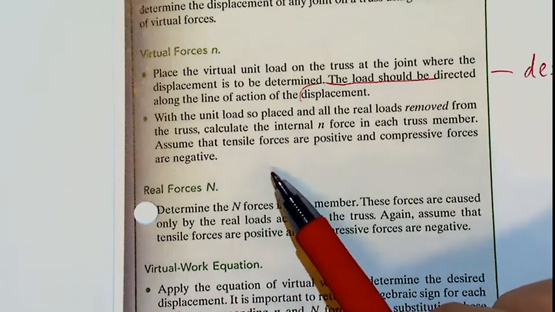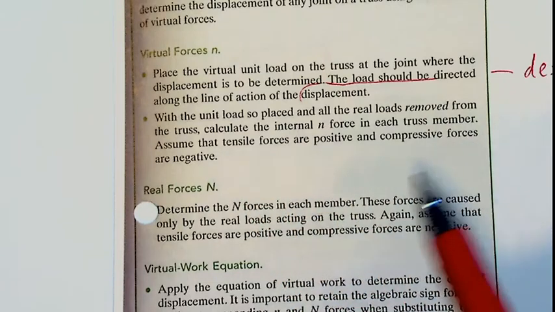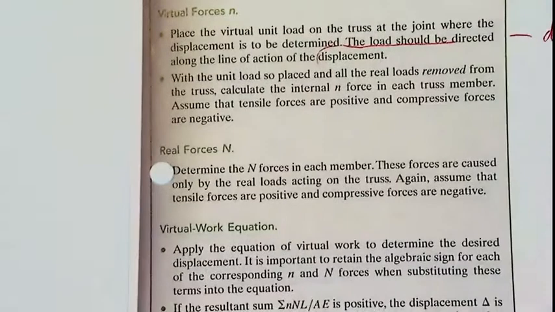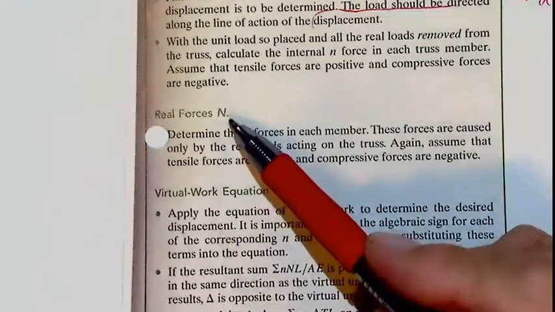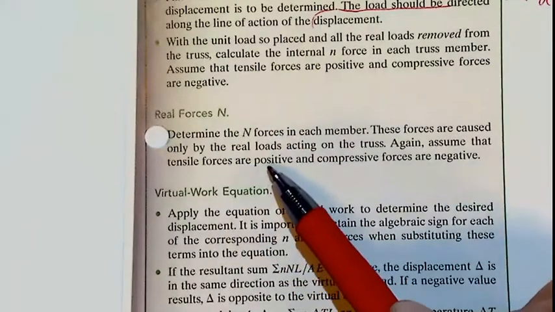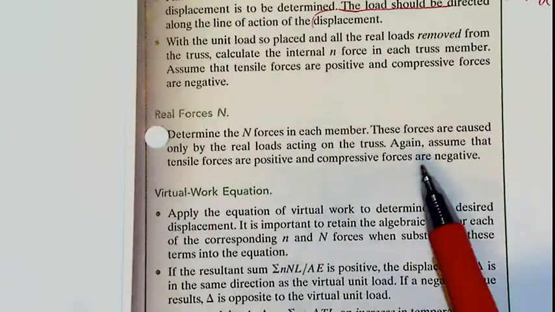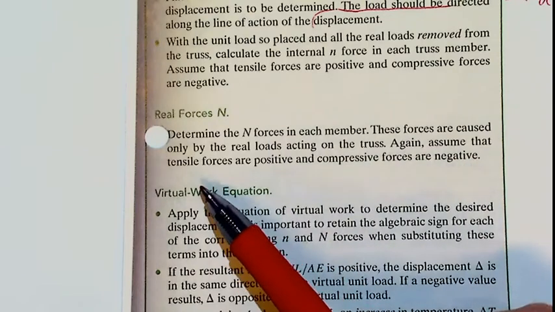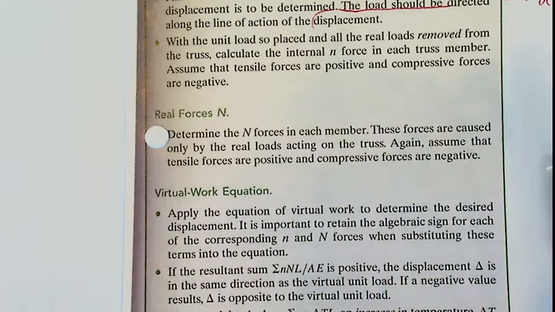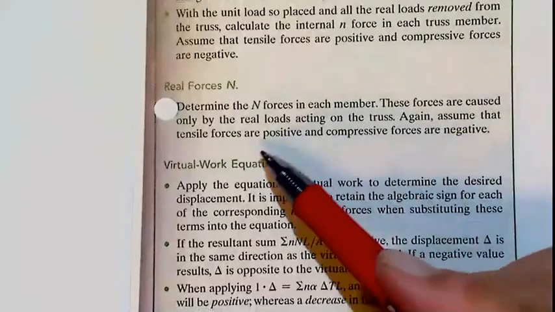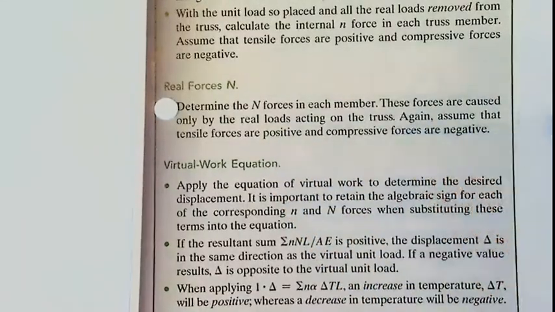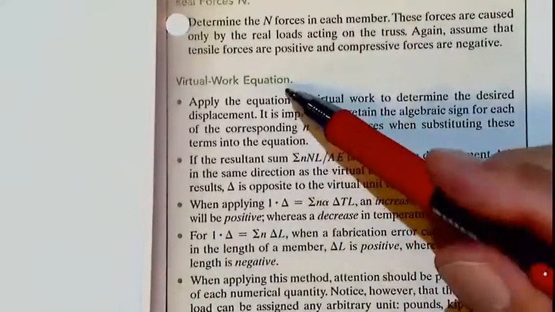Assume that tensile forces are positive and compressive forces are negative. Look, he is repeating even something that has been part of us for a long time. Real forces, N: determine the N forces of each member. These forces are caused only by the real loads acting on the truss. Assume that tensile forces are positive and compressive forces are negative. Virtual work equation.